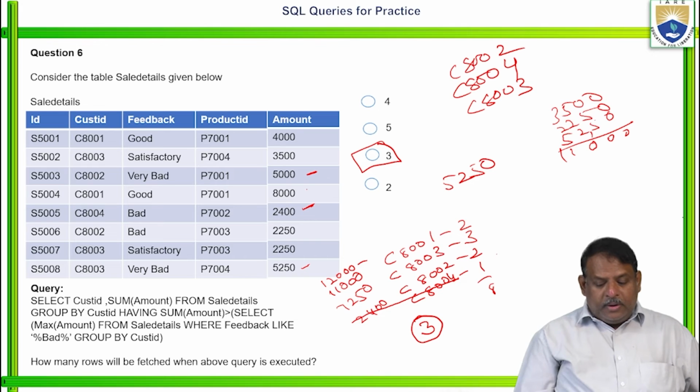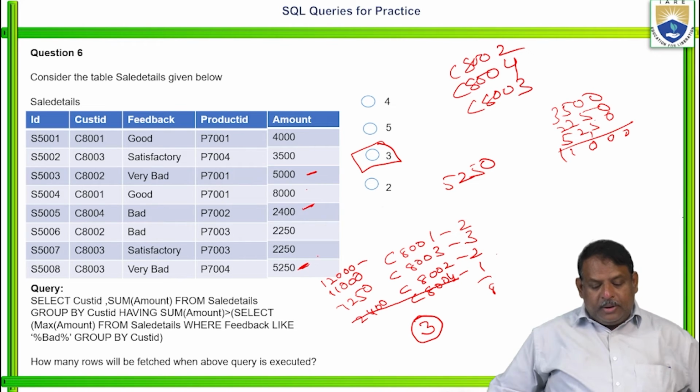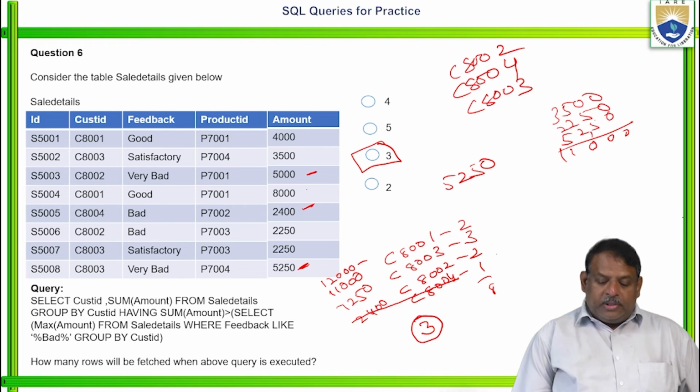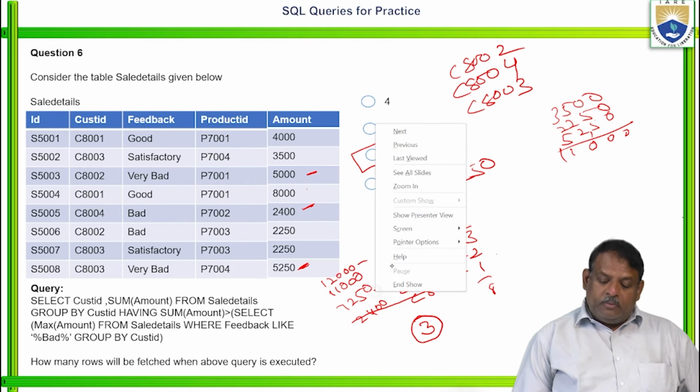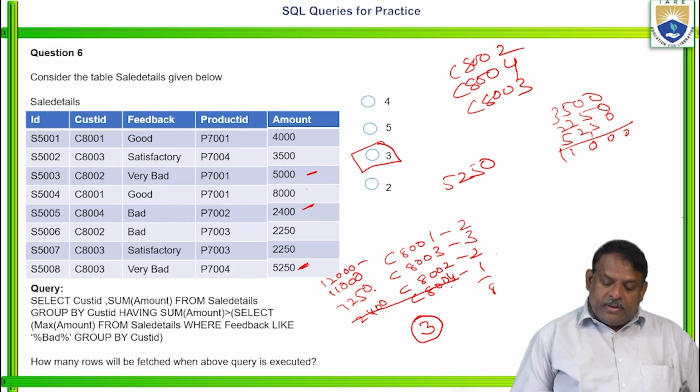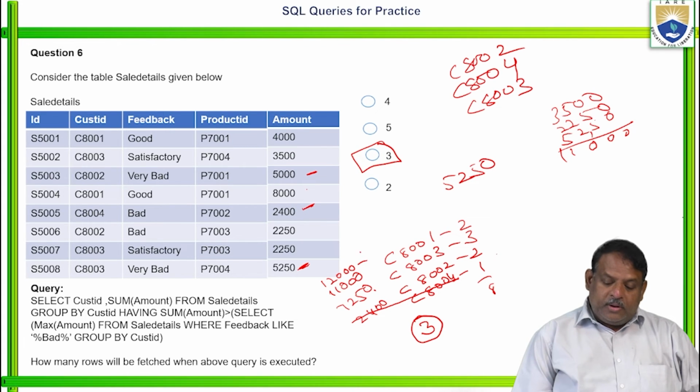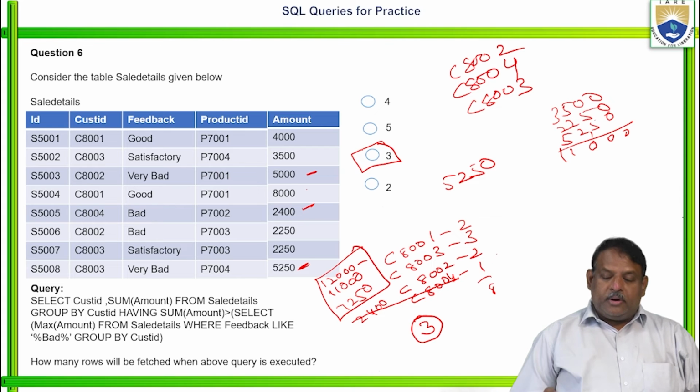It should be more than 5250, because the maximum amount is 5250. So 12,000 is more than 5250. Similarly 11,000, similarly 7250. So we can remove C8004. We are left with 3 records. So the answer is the third option.